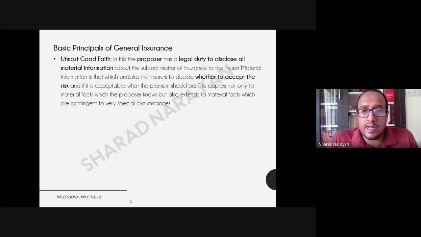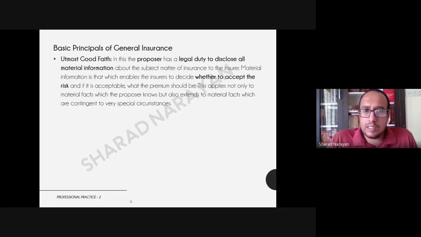Then again, there are other cases where you have a proposer. Let's say a proposer decides to build something in a region in Bhuj. Now, Bhuj, as you well remember, was the place where there was a very severe earthquake in the year 2001. But after 2001, there have been absolutely no issues of that sort, even though Gujarat in that region lies over a fault line in the Earth's crust.